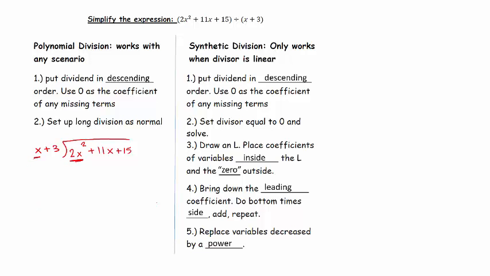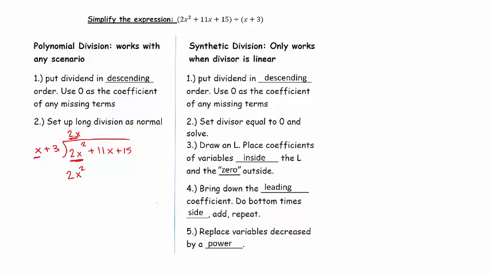So we do the first term divided by the first term. 2x squared divided by x is going to get you 2x. Some people think, x times what gets you 2x squared? Some kids think of it like that, and they're like, oh, x times 2x gets you 2x squared. It doesn't matter how you think of it. Just make sure when you take this top item and multiply it by x, you do truly get whatever was here. They have to match up.